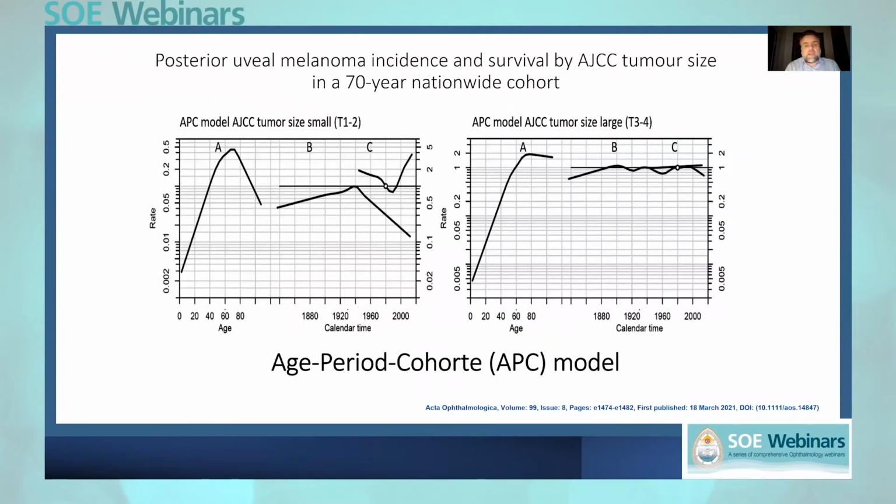We now went back and investigated the survival and incidence in the Danish cohort over a 70-year period. And due to large changes in both society, but also in the age distribution of Danish patients, we used the age period cohort model rather than the age-adjusted incidence rate, because the health status in the society also changed dramatically during these 70 years observation period.